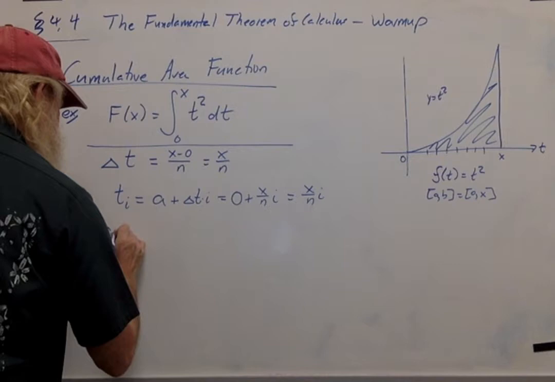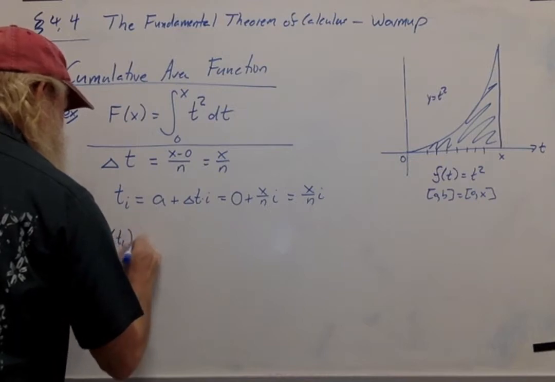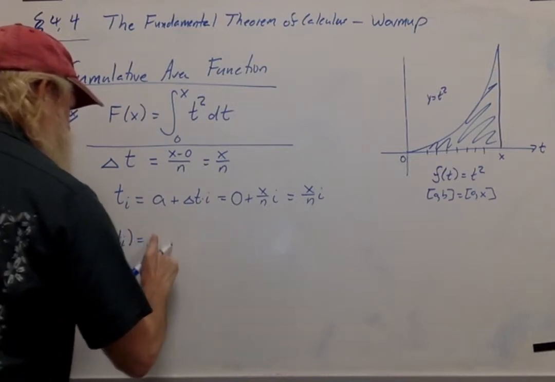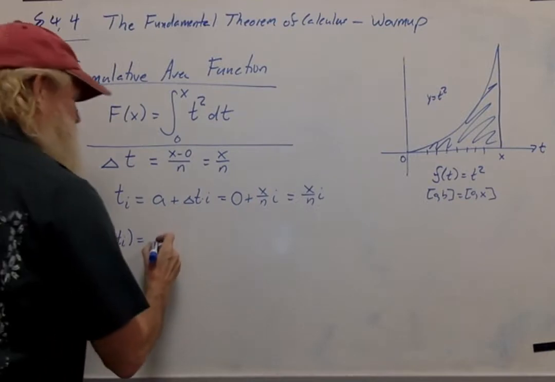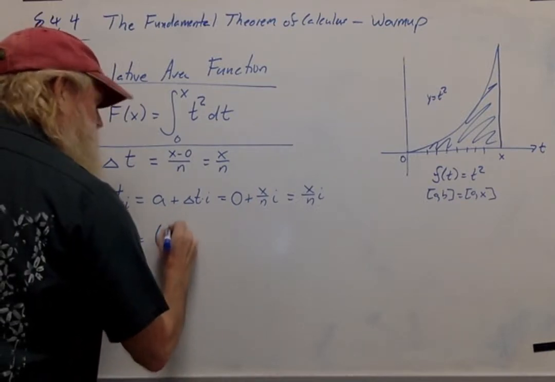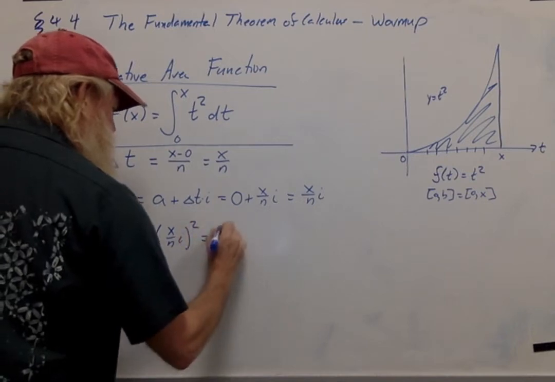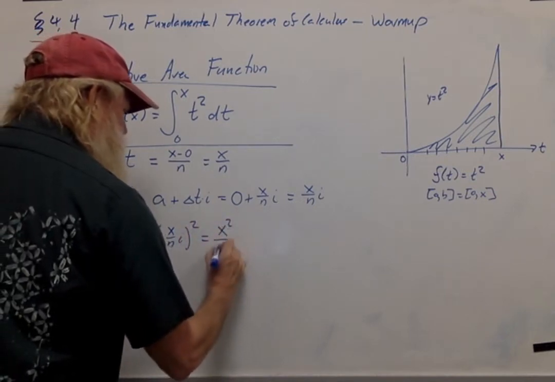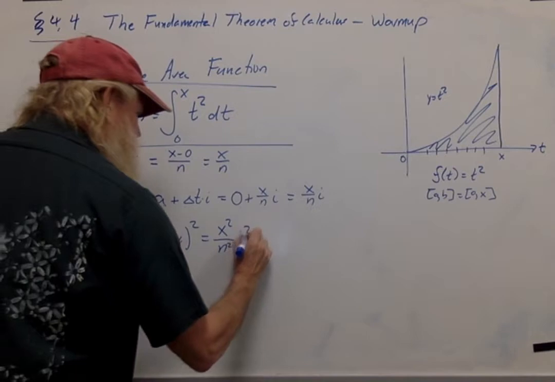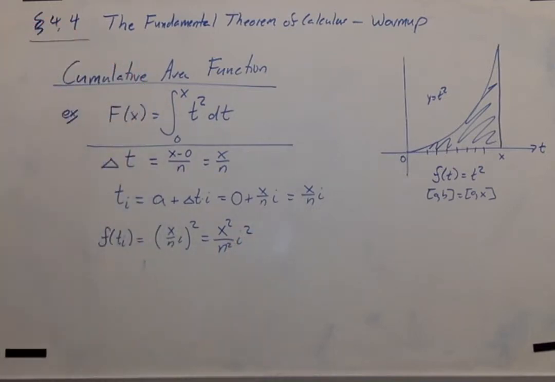So the height of that rectangle, f of t sub i, is going to be t sub i squared, which is x over n times i squared. So x squared over n squared i squared.